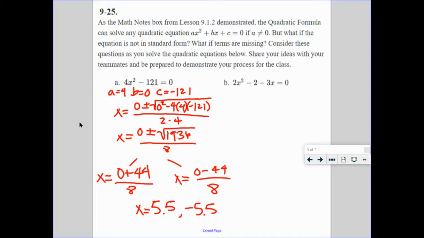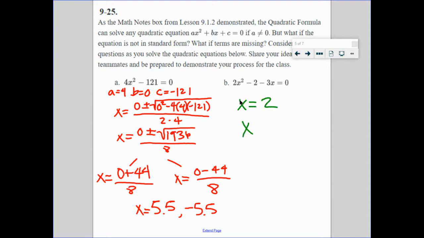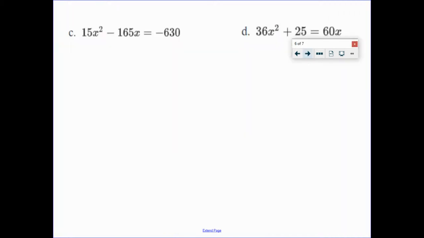All right, hopefully you got them. The answers for B, you should have gotten x equals 2 or x equals a negative 1/2. All right, hopefully you got that. There were 2 solutions there. Moving on to C. Hopefully you got C done.